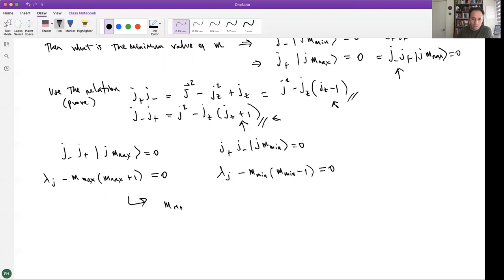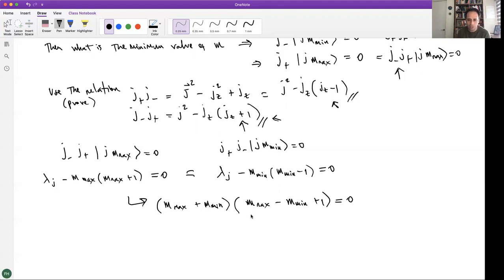You have M maximum plus M minimum times M maximum minus M minimum plus 1, and this has to be equal to 0. All I'm doing here is equating these two relations and eliminating lambda J, and then rearranging terms a bit. Then you arrive at this expression with these two products.